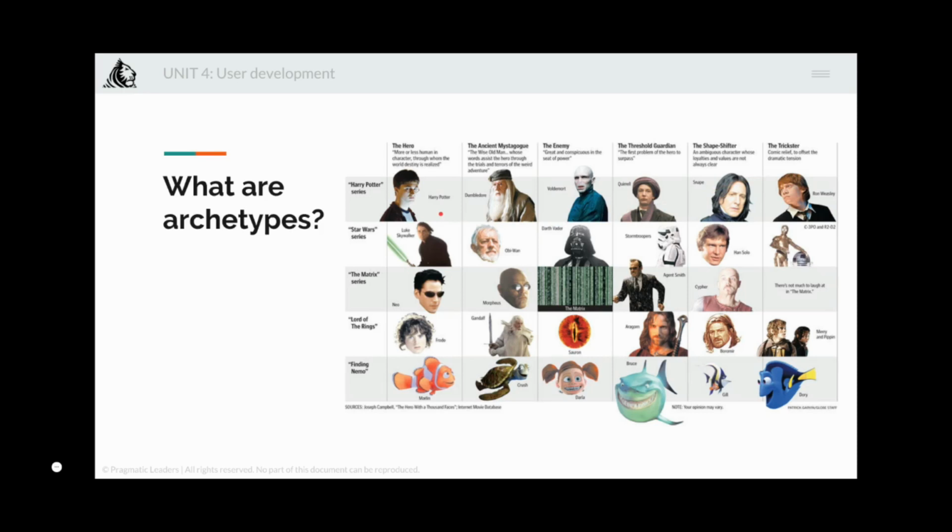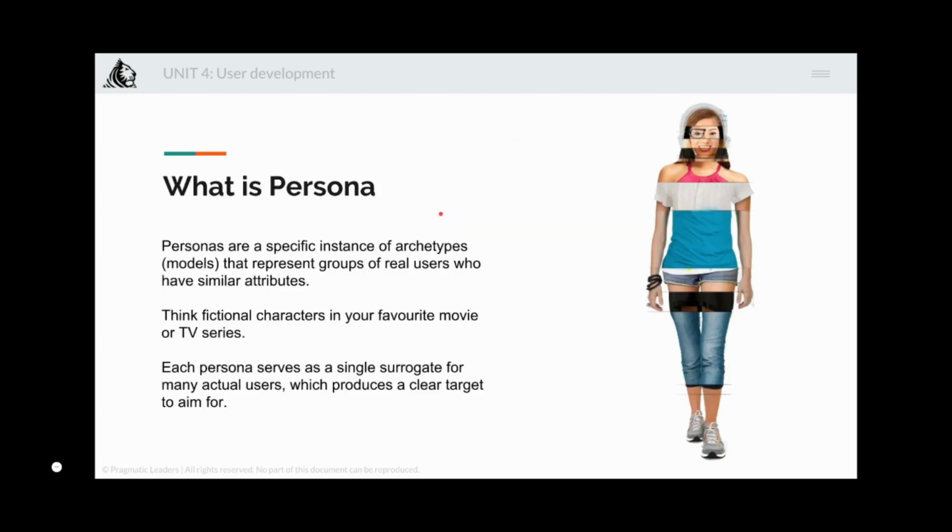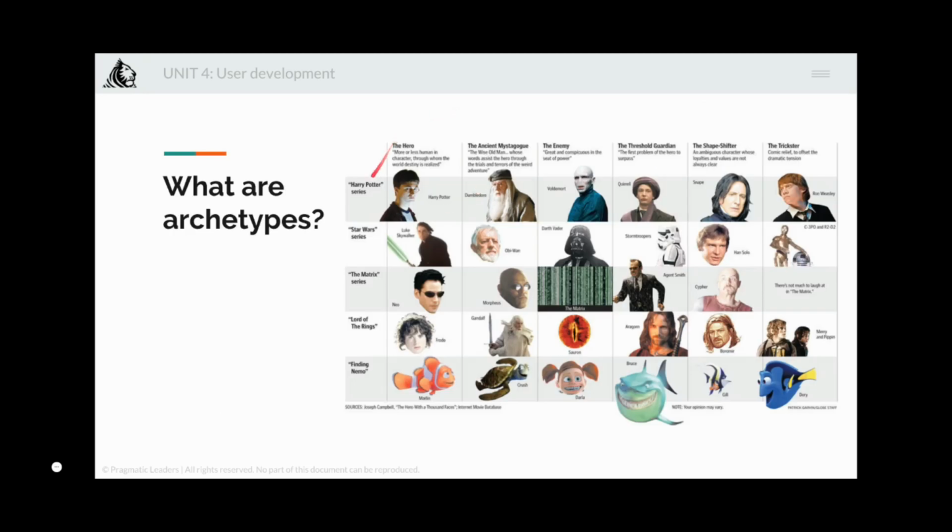So these are archetypes, and you'll create such archetypes for your entire segment of users. And from this archetype, for example, in this scenario, Harry Potter is a persona. Luke Skywalker is a persona. Neo is a persona. So it's an exact embodiment of that model.